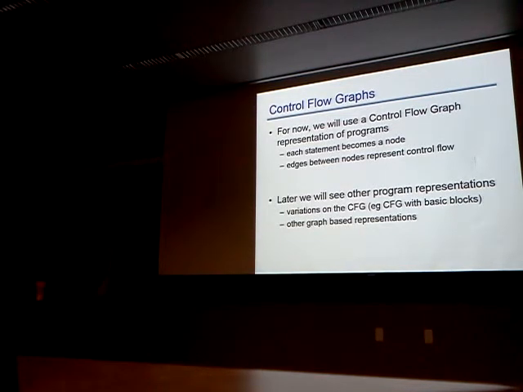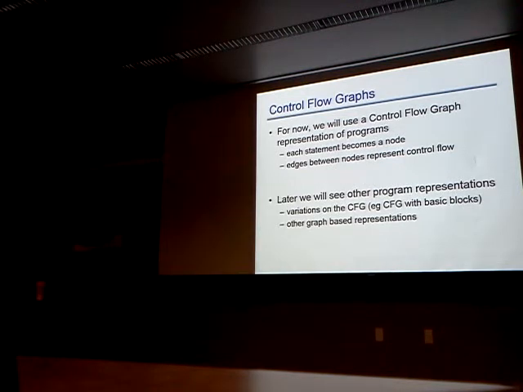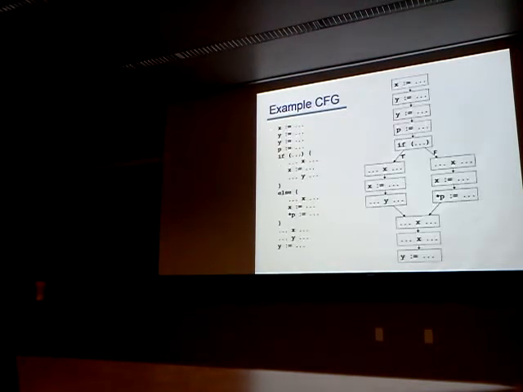A control flow graph is a graph where, well, there are many different versions of the control flow graph, but the simplest version is that every statement in your program becomes a node, and edges between nodes represent control flow, which means the possible next instructions. Let's see a really simple example.